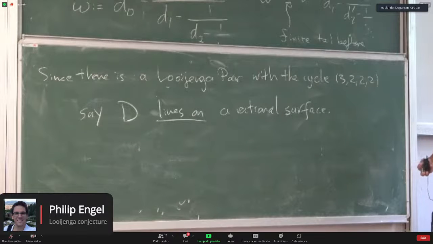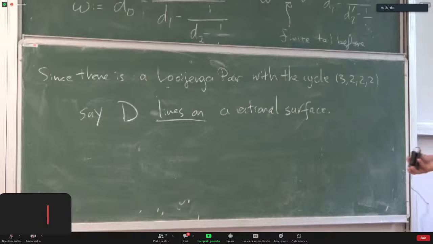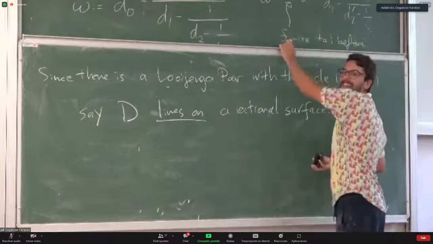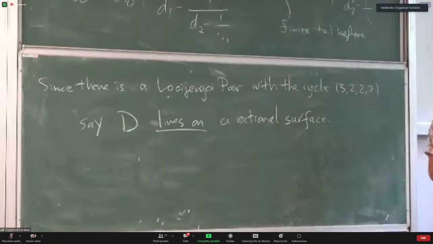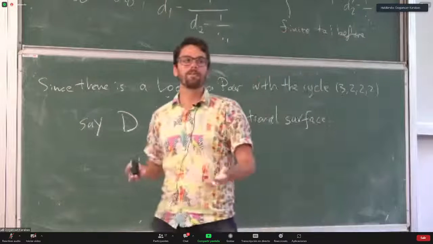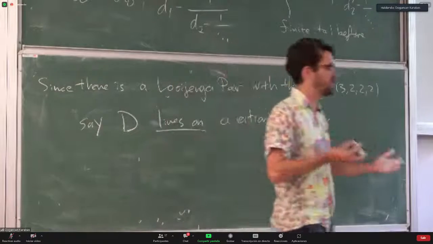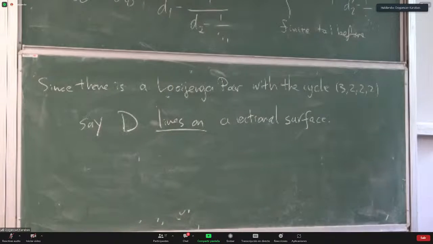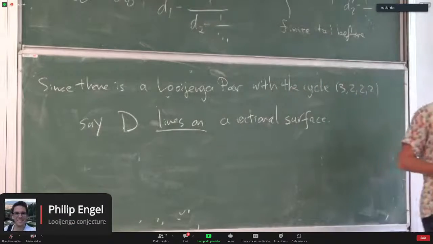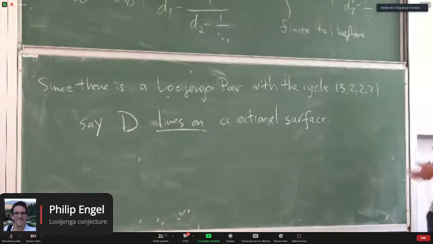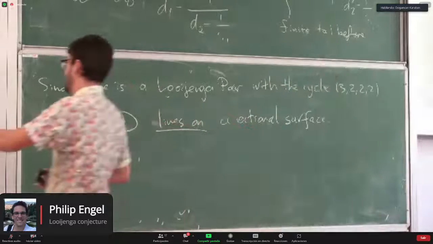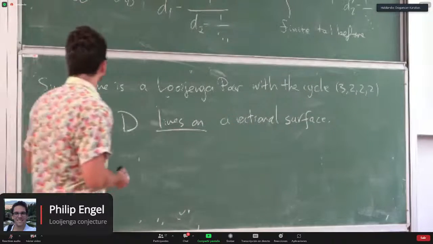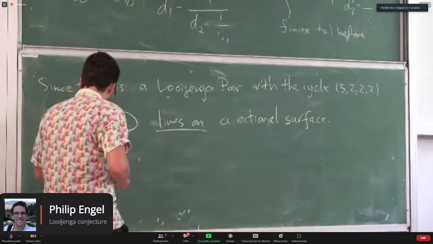Okay. Well, understand that the prime is zero using this formula. I mean, there's actually a really explicit formula for it also, but it's kind of a complicated explicit formula. So this is a slicker definition. Okay, so we say then that this D lives on a rational surface. Okay, and not all D do.